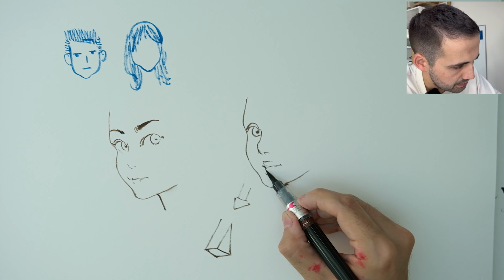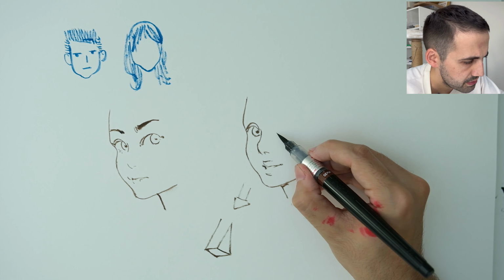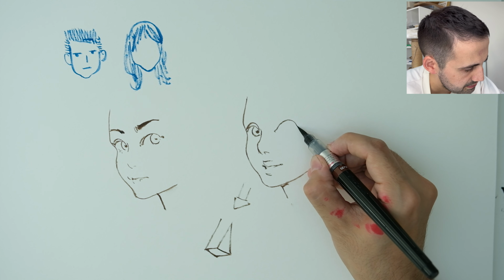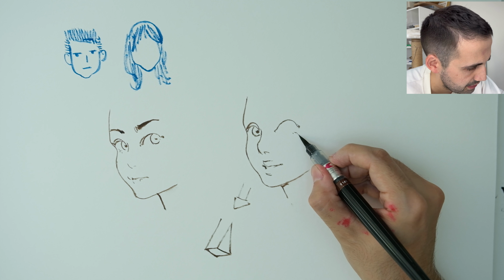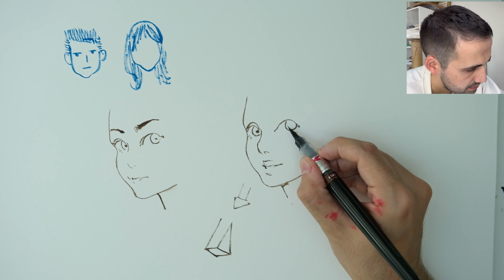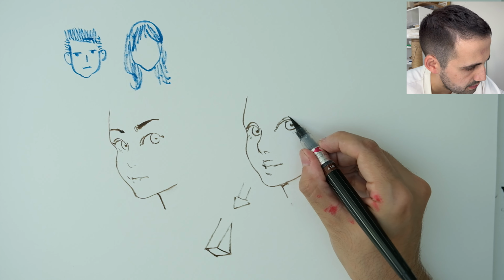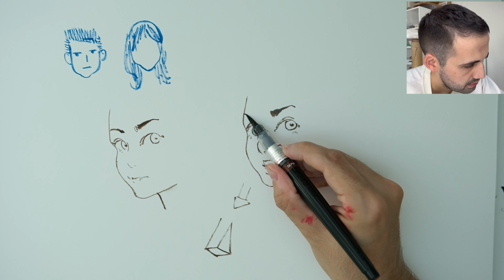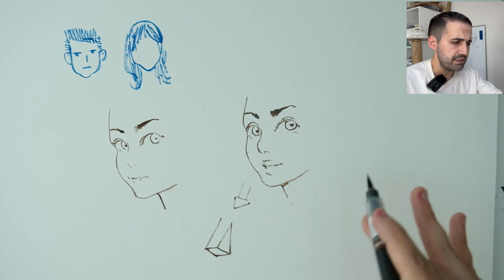You can see that for the lips, I'm also trying to be deliberate in the amount of lines that I'm using. But yeah, I just drew more or less the same character.